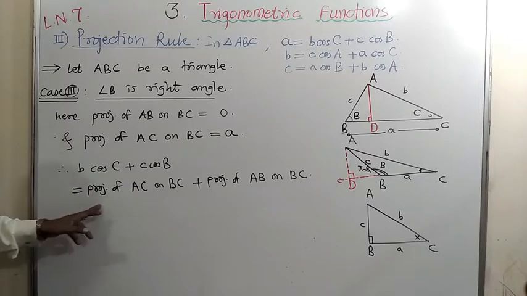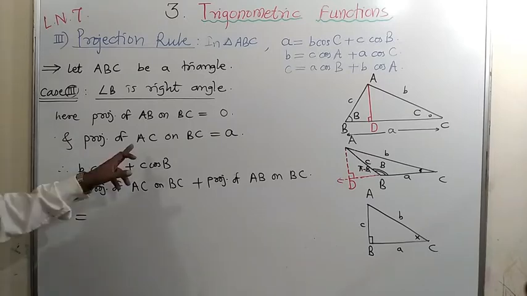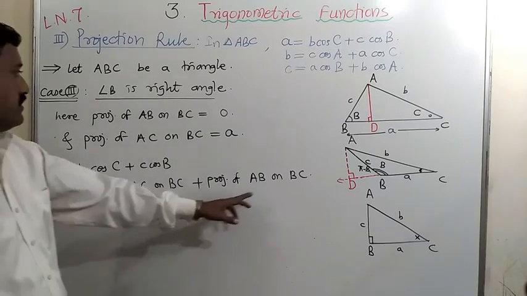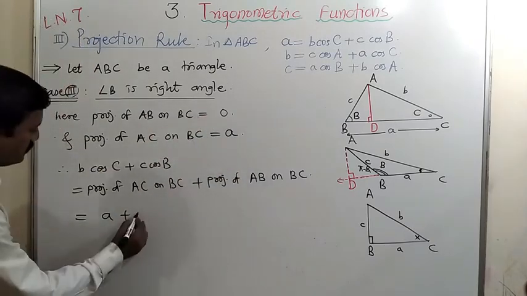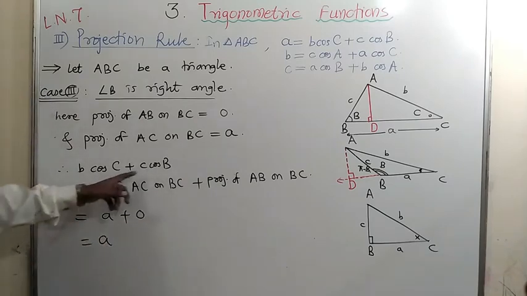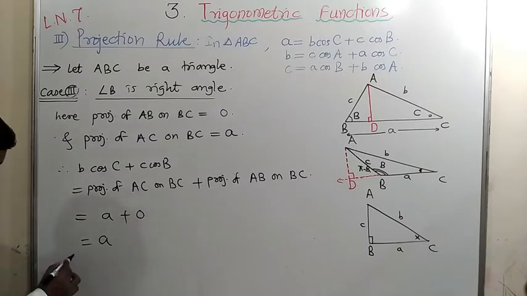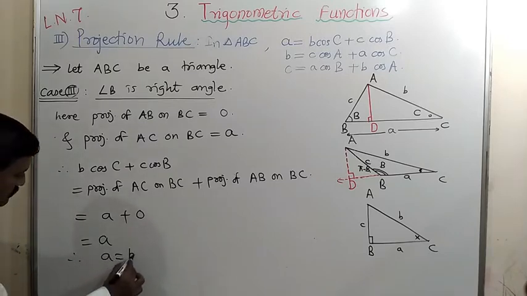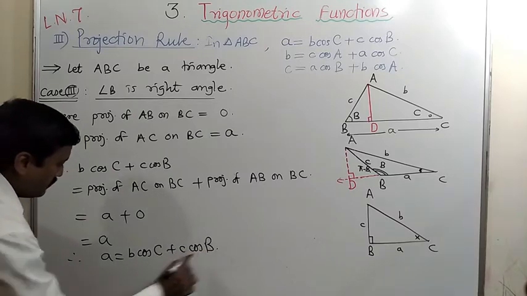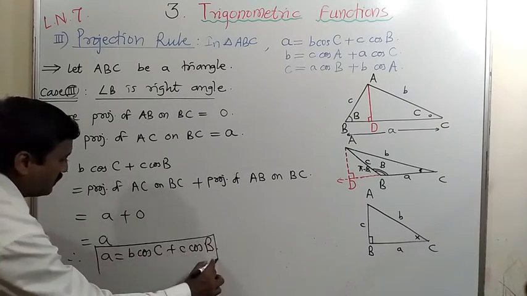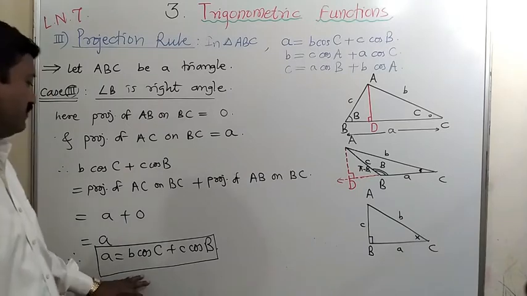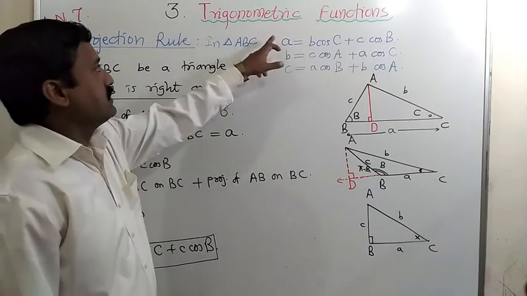The projection of AC on BC is nothing but a, and the projection of AB on BC is 0. So it will become a plus 0, that is equal to a. Therefore b cos C plus c cos B is equal to a. We can write in reverse as a is equal to b cos C plus c cos B. So this is the third part of the same result, a equal to b cos C plus c cos B, that is the first.